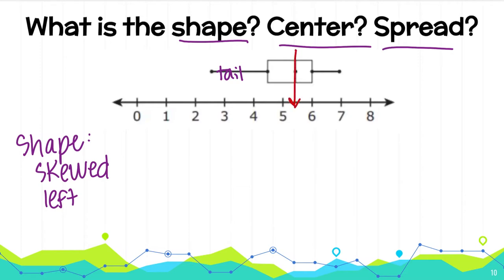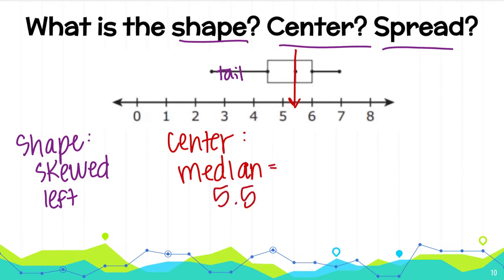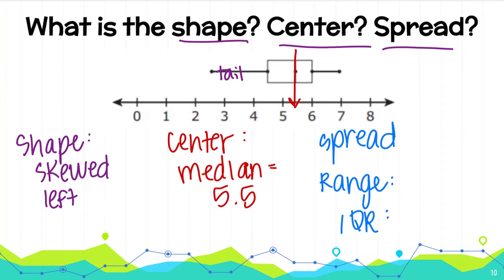So it's pulling my mean to the left. So the mean will be on the left of the median. Our center, which I can find right here with my median, is in between 5 and 6. So my median will be 5.5. And for spread, we can find our range and our interquartile range.